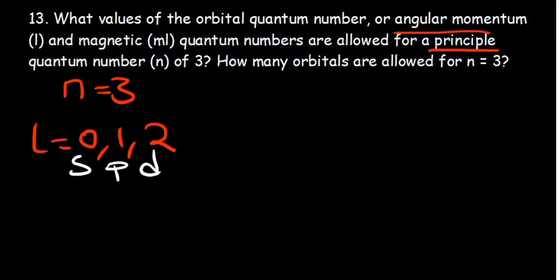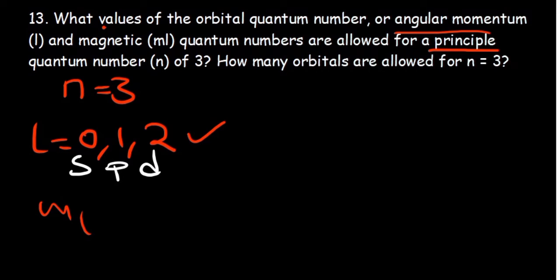So we're already answering the question, because the question is asking what values of the orbital or angular momentum quantum number and magnetic quantum numbers are allowed. So these are already the angular momentum quantum numbers. Now we also have what we call the magnetic quantum numbers. The magnetic quantum number is dependent on each value of the angular quantum number.